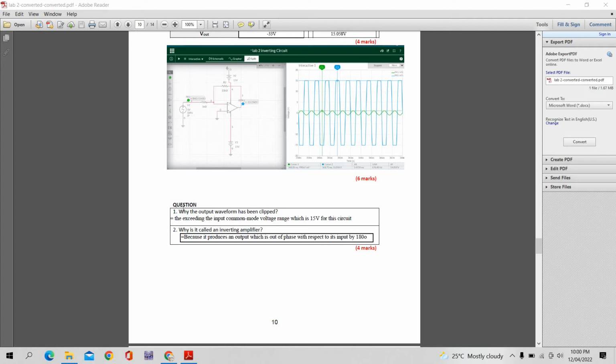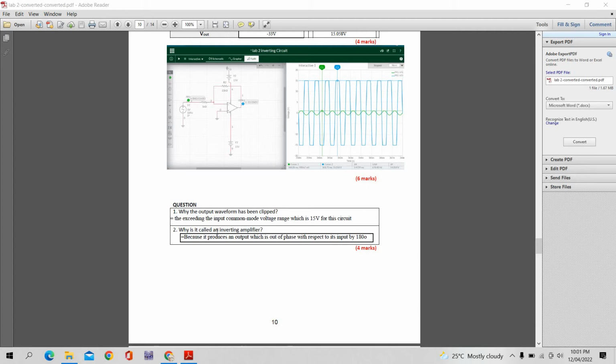For the question, why the output waveform has been clipped, which we can see from here, there is a cut off. The output waveform is clipped because it is exceeding the input common mode voltage range, which is 15 volt for this circuit. We supplied 15 volts, so the answer will be 15 volt. It cannot exceed 15 volt.